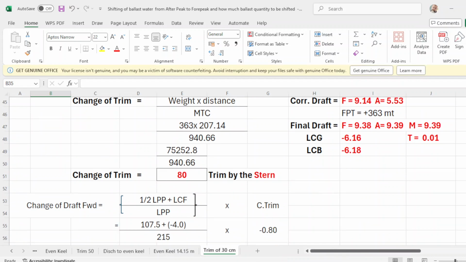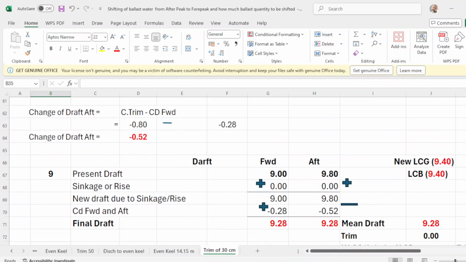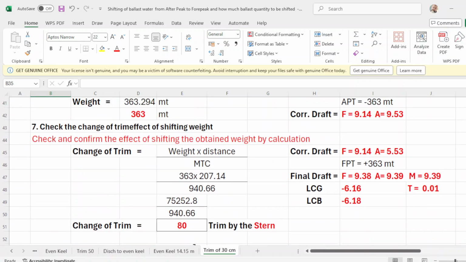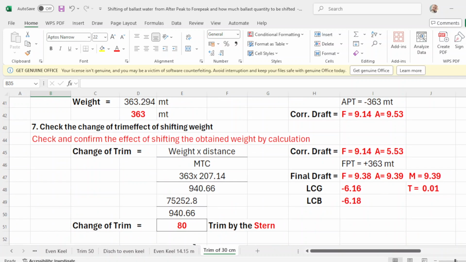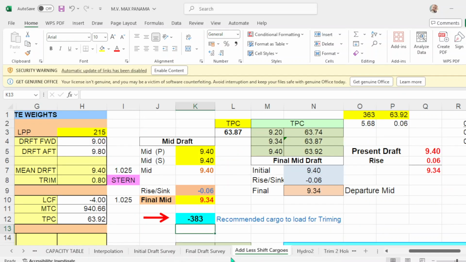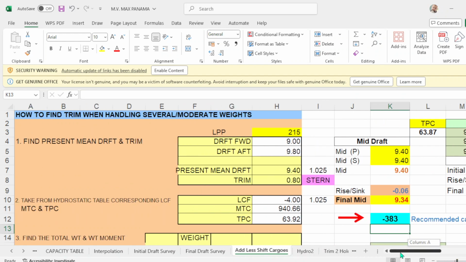What is the weight? 363. We will double check, then I will use this program. Continue.